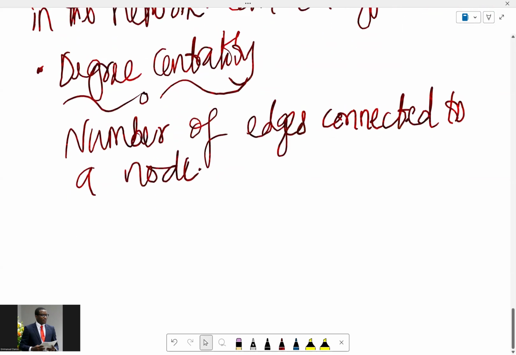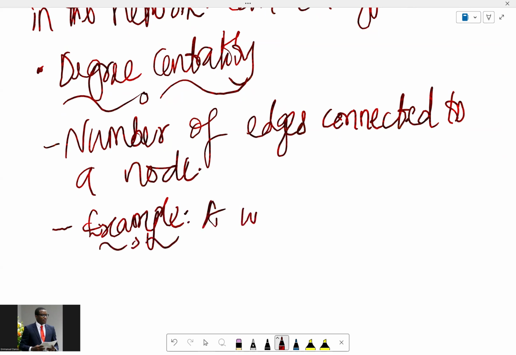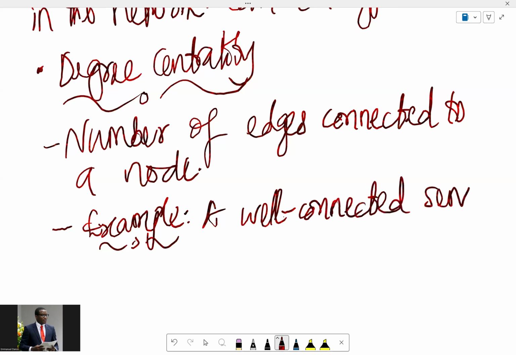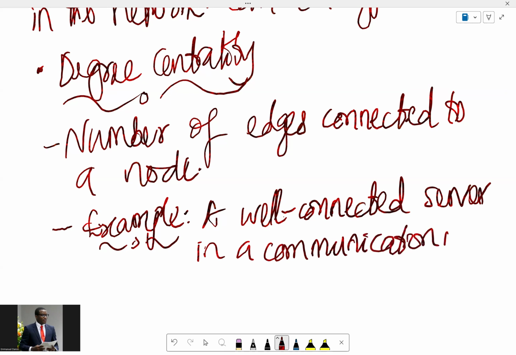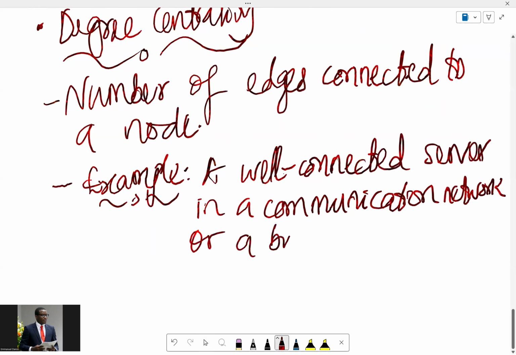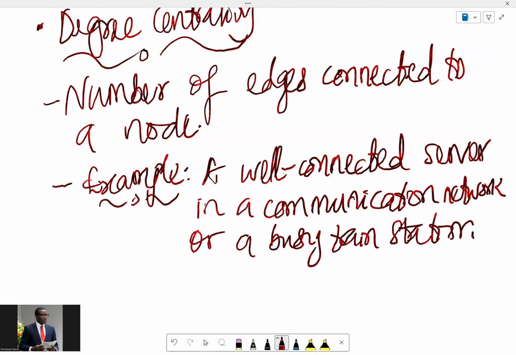A very good example of this would be a well-connected server in a communication network, or a busy train station in a subway system.